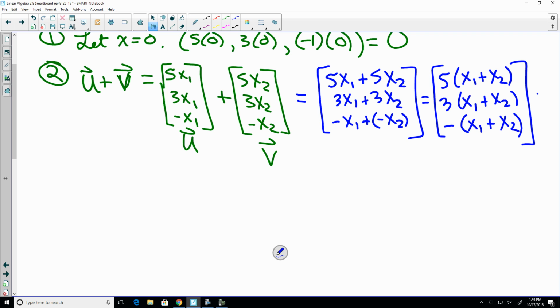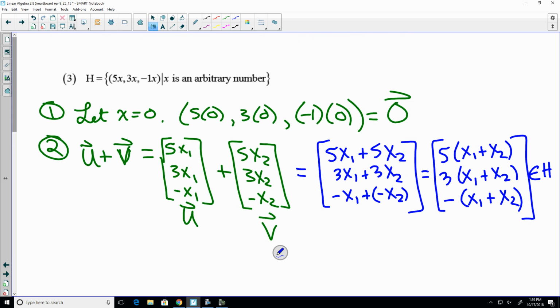So that is in H. That's the definition of what H is. It's a vector like that. So H is all the vectors that look like this, and that's one of those. For u, I picked an x1 and multiplied by 5, 3, negative 1. And for v, I picked an x2. Well, x1 plus x2 is another one of those numbers that you could multiply by 5, 3, negative 1 and make a new vector. So that's also in H.